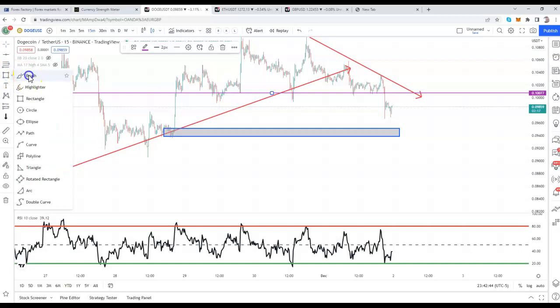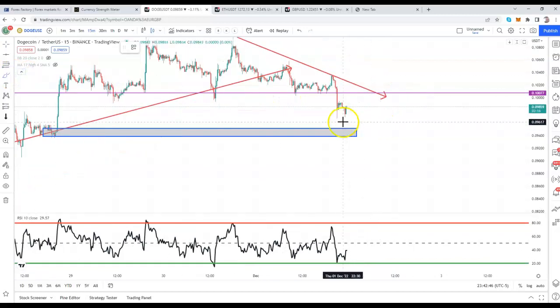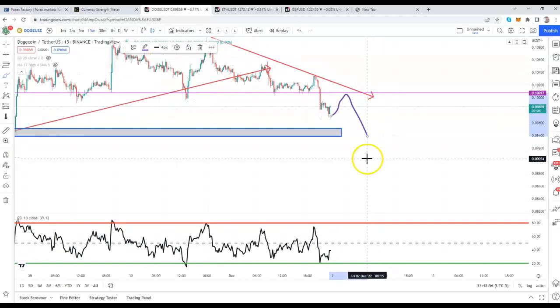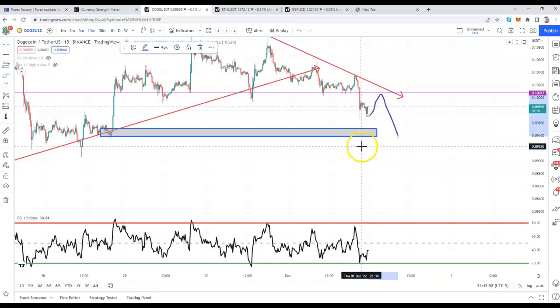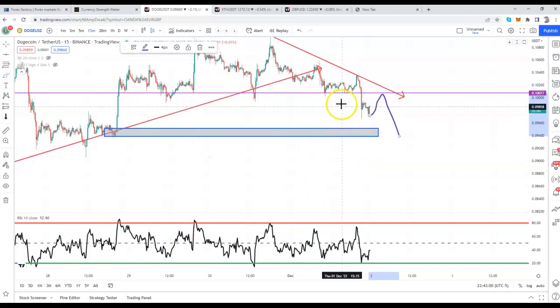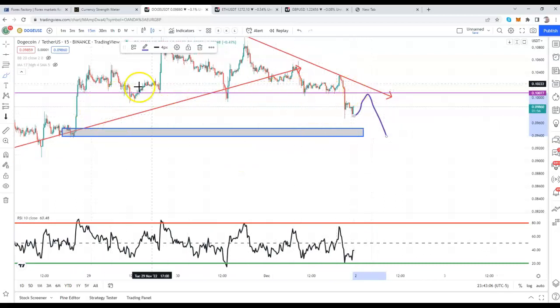If you said reject or resist, you are more than likely correct and are going to do very good at this trading thing we call binary options trading and trading in general. What will happen is price took out these lows, created a lower low, price will come back up and retest this usually, and then we will start seeing a rejection.